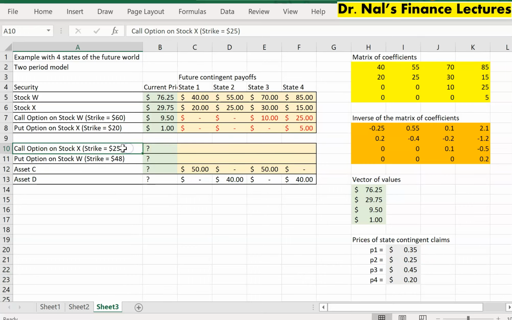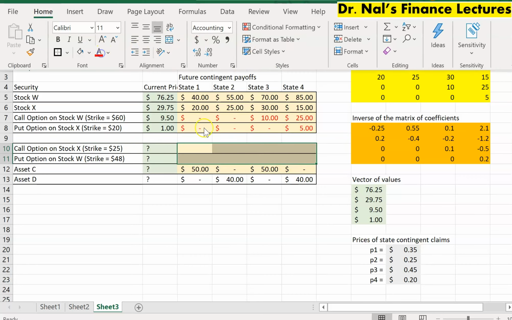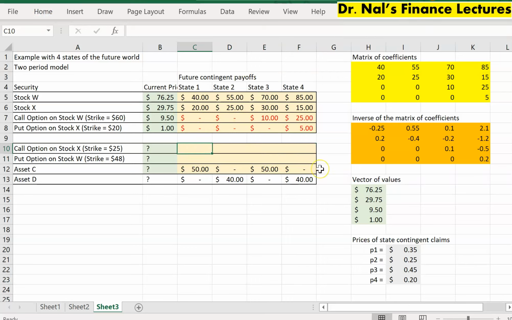Let's start with the first one. So this is a call option on stock X with a strike price of $25. Well, these numbers are not given. Let's first calculate these numbers, because we need them. All right, so if a call option on stock X has a $25 strike price, right now the stock is selling at $29.75.